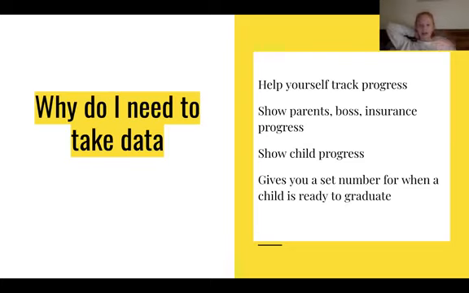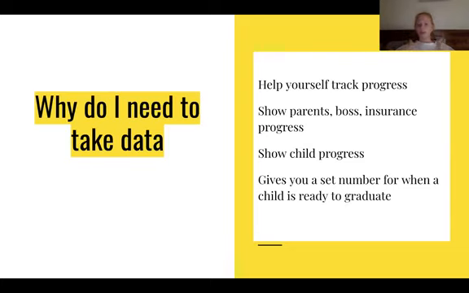And then it also gives you a set number for when a child is ready to graduate speech, because sometimes it can feel like they're going to stay there forever because maybe they aren't reaching their goal, or maybe it just feels like a big deal when you have a kid and you're just unsure of when to stop treating them.